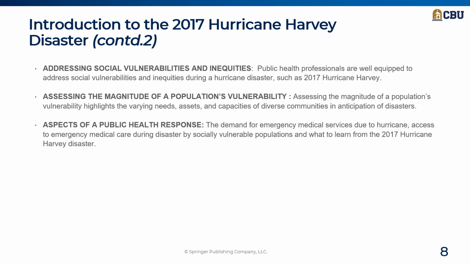Most importantly, it demonstrates how lessons learned about equity, access, and system strain, medical surge, can be applied to future public health emergencies. Essentially, effective disaster response starts with understanding who is most vulnerable, where they are, and how systems can reach them in time.